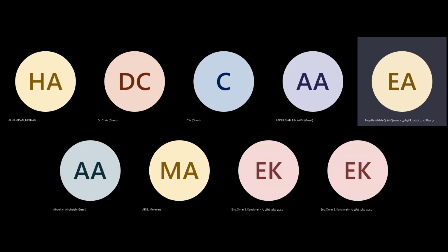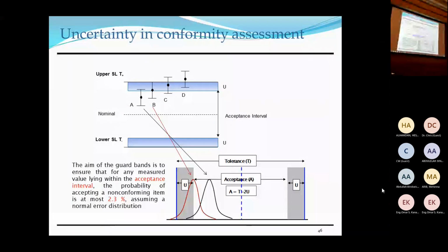Uncertainty is added outside of the specification limits. So this is the reason why R111 in mass says that if a weight is to belong to a particular class, its conventional mass should be within 2/3 of the maximum permissible error, because it's subtracting the guard band, the uncertainty.